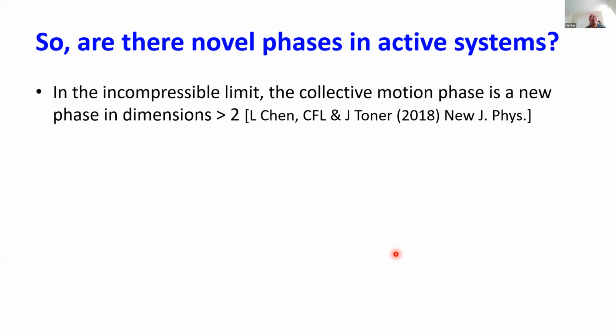So now we are ready to partly answer the question: are there novel phases in active systems? The answer is yes. In particular, using the active fluid model in the incompressible limit, the collective motion phase is a new non-equilibrium state of matter when the spatial dimension is higher than 2.